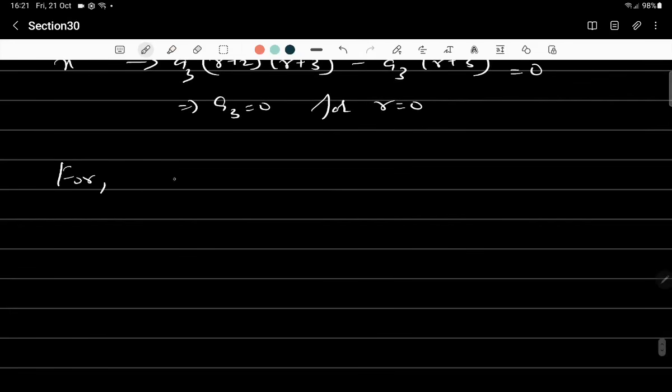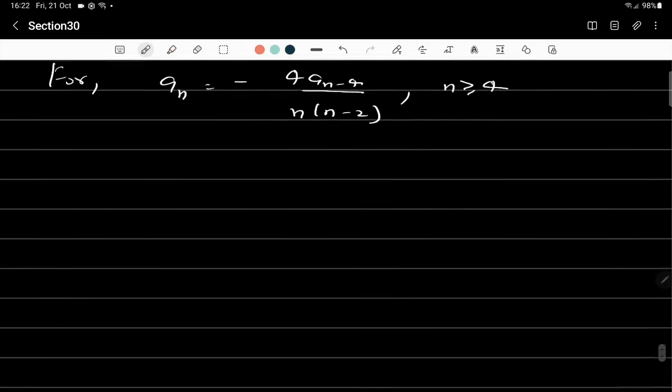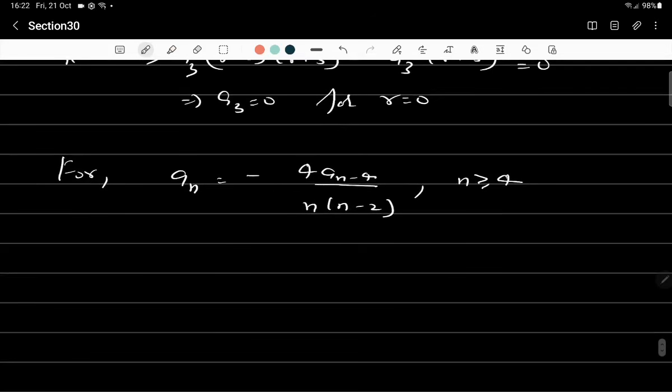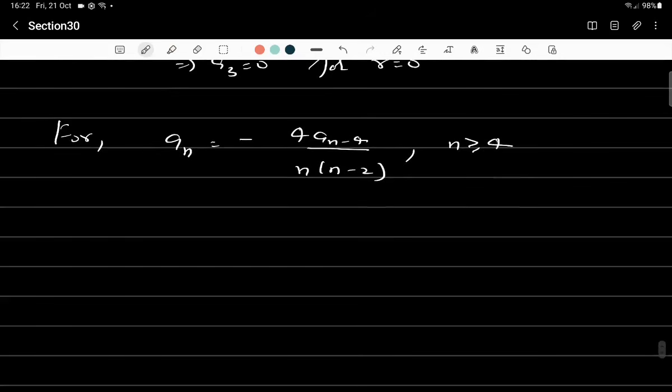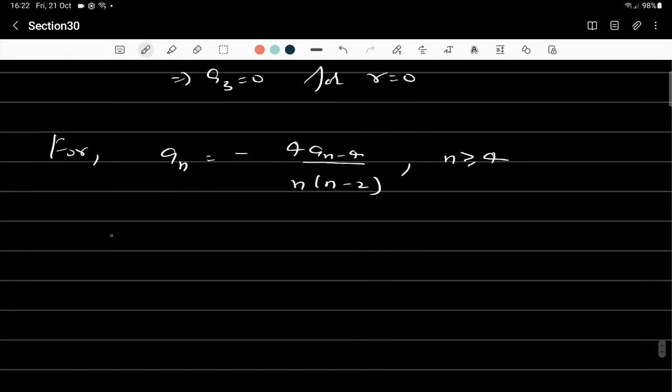x^(r+1) gives us a2 (r + 2). Please do verify by yourself. This implies a2 is equal to 0 for r is equal to 2. But for r is equal to 0, this term becomes 0. Therefore, a2 is arbitrary for r is equal to 0.